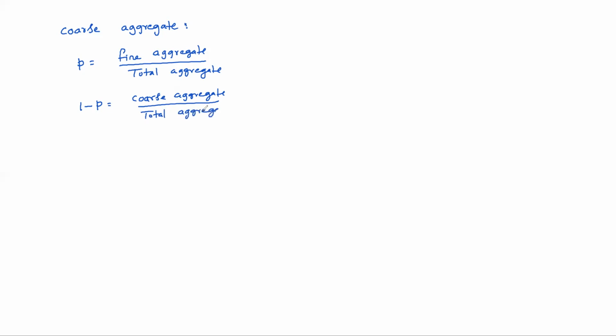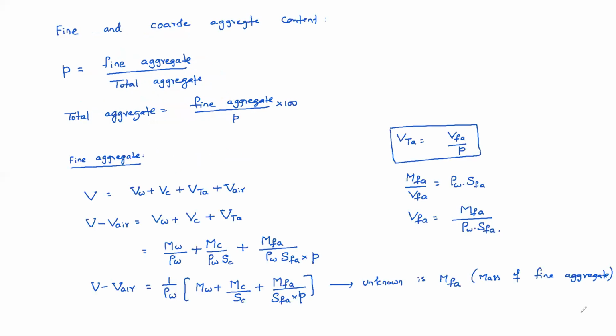Now, of course, based on same concept, V minus VA equal to 1 by rho W into mass of water plus mass of cement divided by specific gravity of cement. Plus, instead of volume of total aggregate, you can write like this.